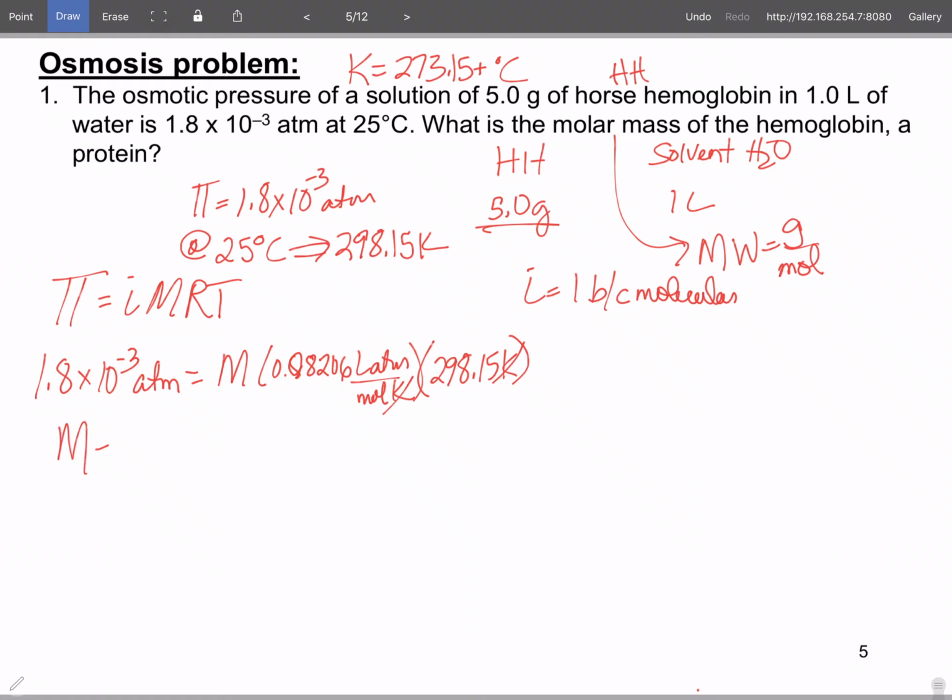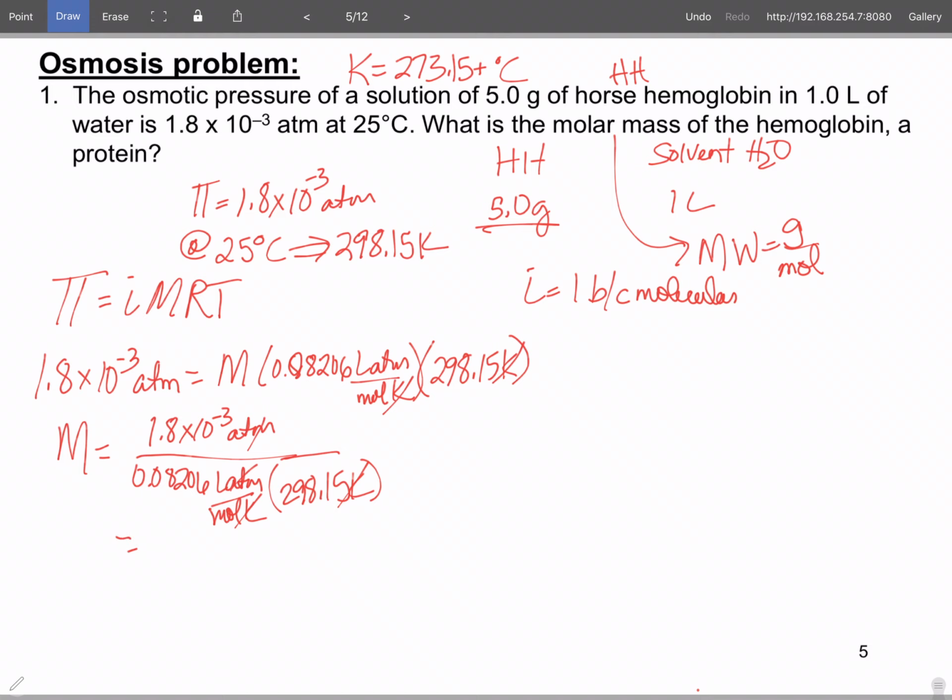So our molarity is going to be equal to 1.8 times 10 to the minus 3 atmospheres divided by 0.08206 liter atmospheres per mole K. And our K is 298.15. So again, our K's cancel, our atmospheres cancel, and we've got 1 over liters per mole, so that means it's going to flip over.